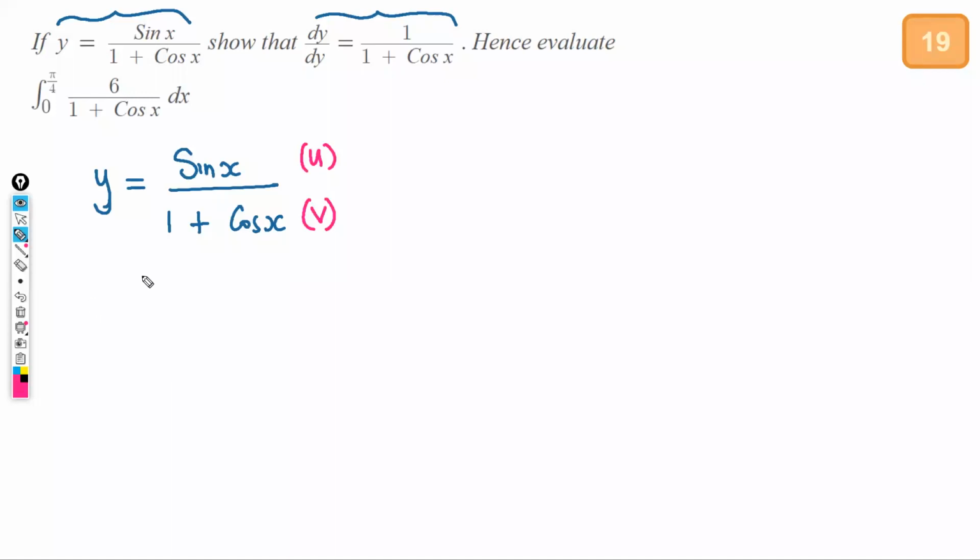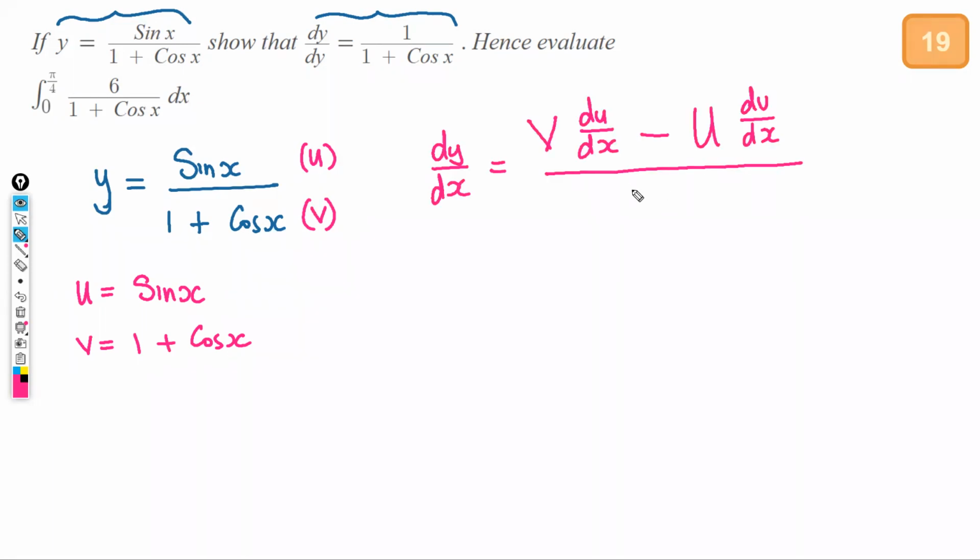So the top one is always the u, the underneath one is always the v. In case you can't remember the quotient rule, dy dx is equal to v multiplied by du dx minus u multiplied by dv dx. And that whole thing is divided by v squared.